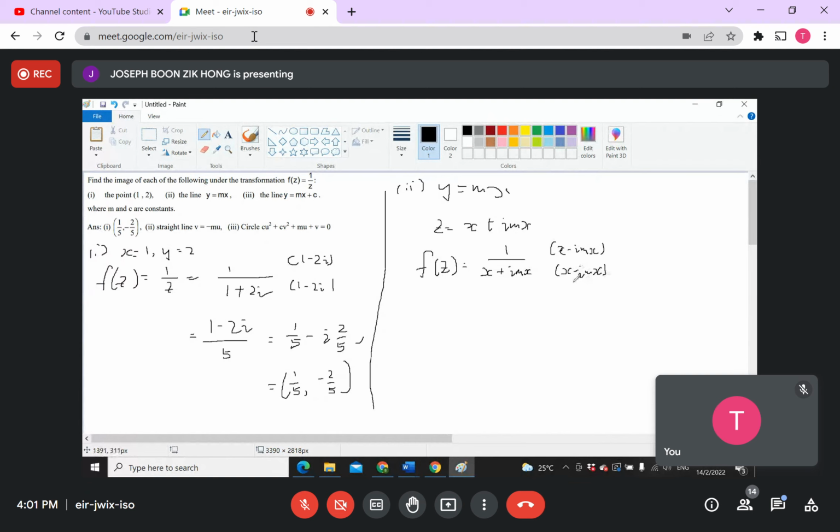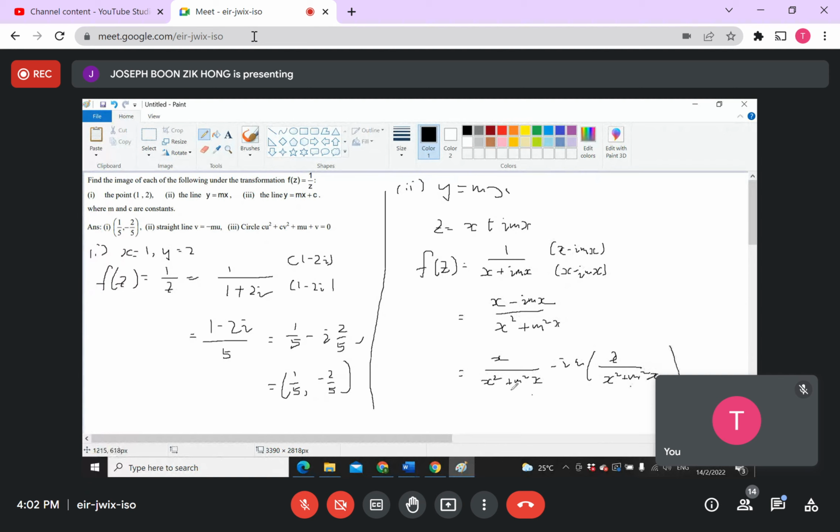It becomes x minus imx over 2x squared, x squared plus m squared, and then you separate them and find the relationship between u and v. So x divided by x squared plus m squared x, and then minus m x over x squared plus m squared x. What is the relationship between this one and this one?